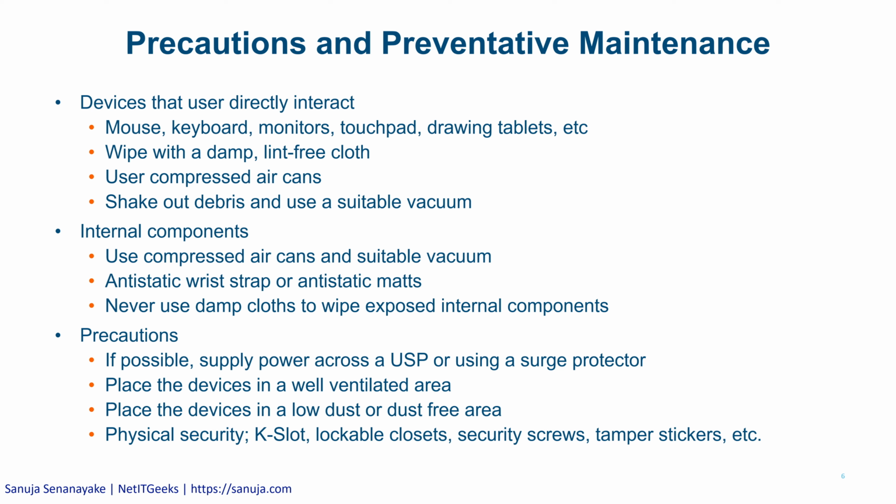If the end user opens the case, you would know, because they wouldn't have that exact same tamper sticker to reapply, and you will also see the sticker has been broken. So that's what the tamper sticker does. You can use those precautions to mitigate any issues that might come with people accidentally or intentionally opening the cases of your computers.